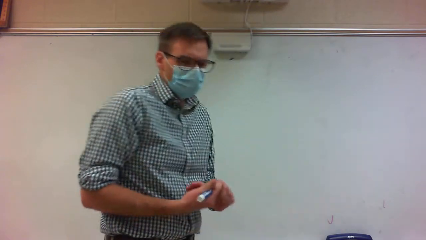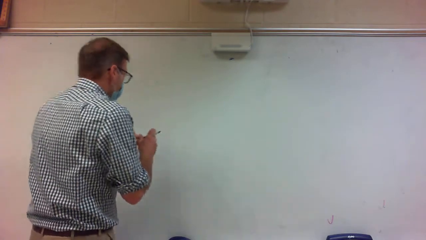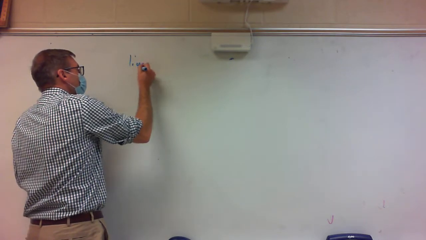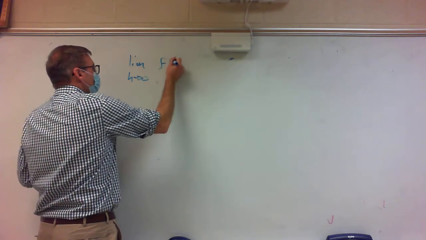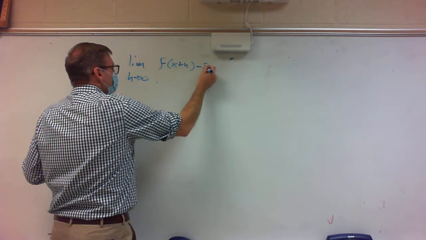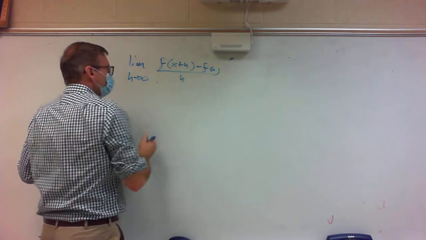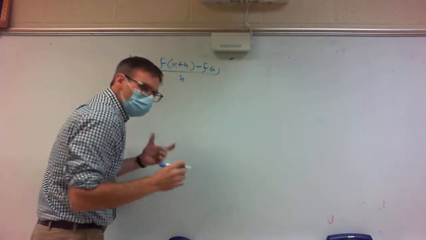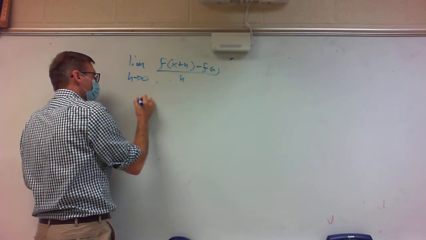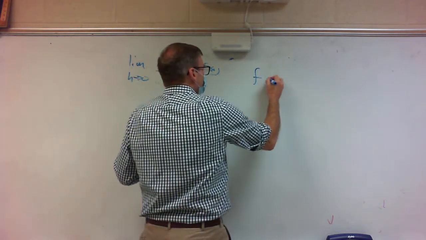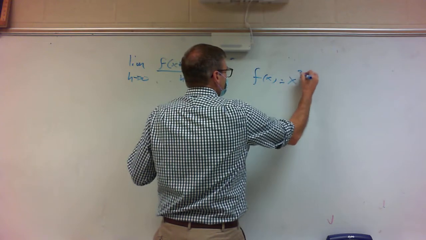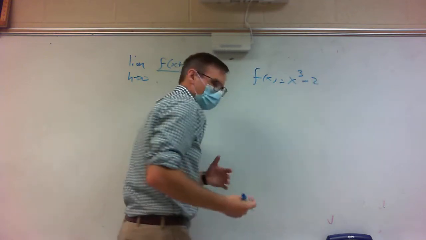And so what I want everyone to do, using this definition, so we have the limit as h goes to 0 of f of x plus h minus f of x all over h, I want everyone to compute the derivative of f of x equals x cubed minus 2.